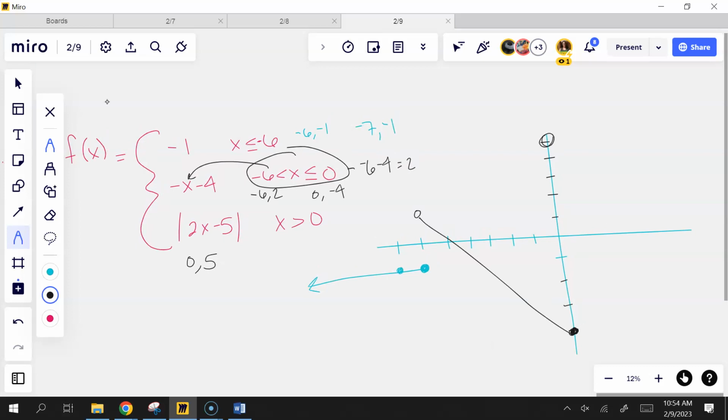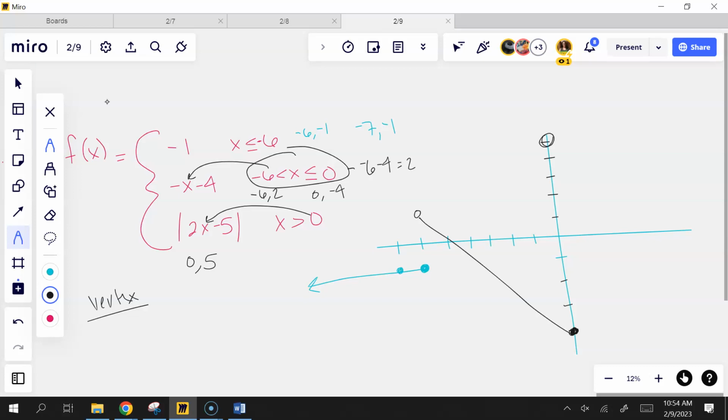Now I need to decide what's going to happen at this point. Where is your vertex for this particular absolute value? I plugged in 0. I will, but first I'm going to see if that other point needs to be my vertex or just another random point.